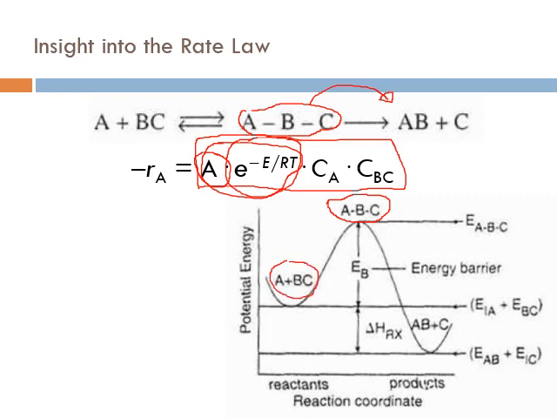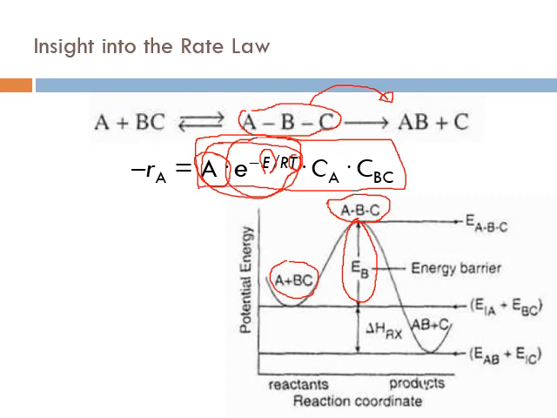The probability of converting this into this depends on two things: the value of the activation energy and the temperature of the system. There we go. This and this. The smaller the activation energy, the more possibility that you have these guys converting to this guy.